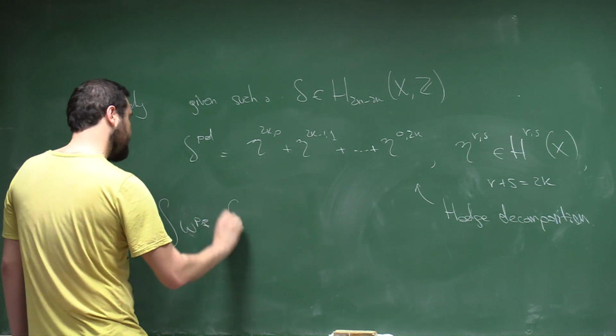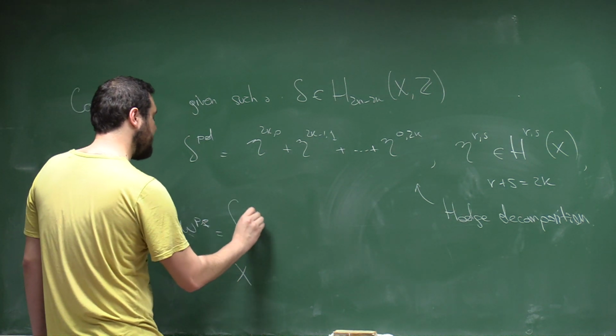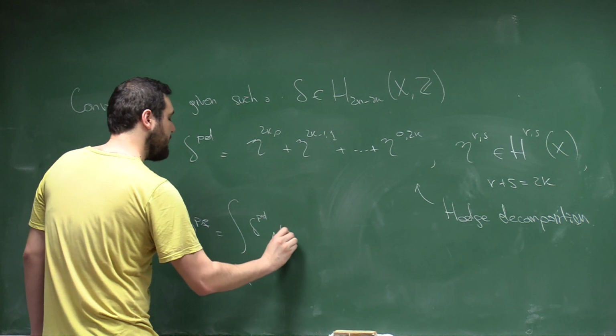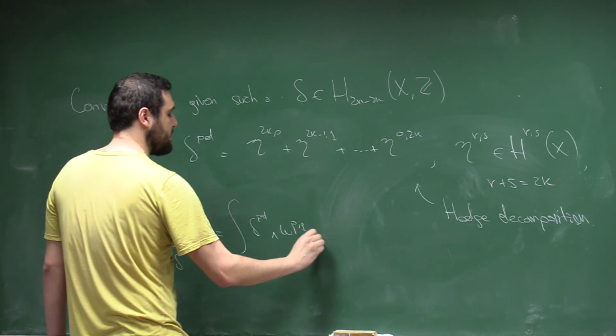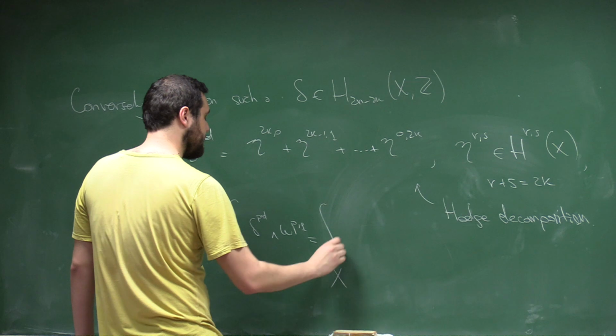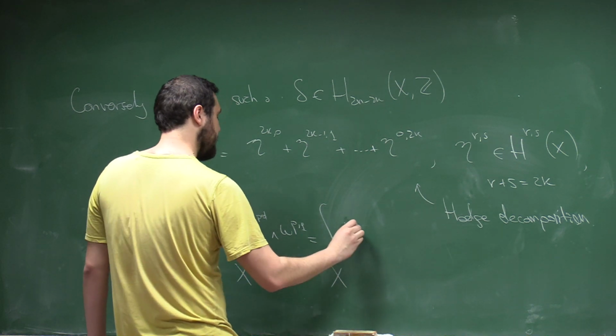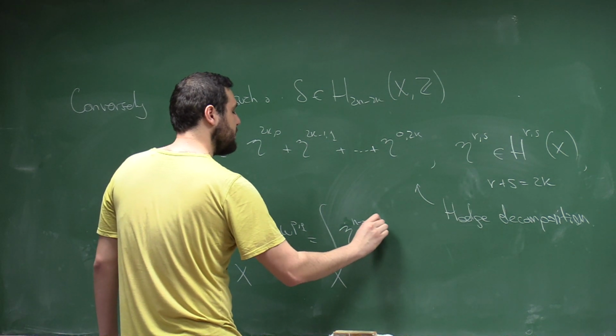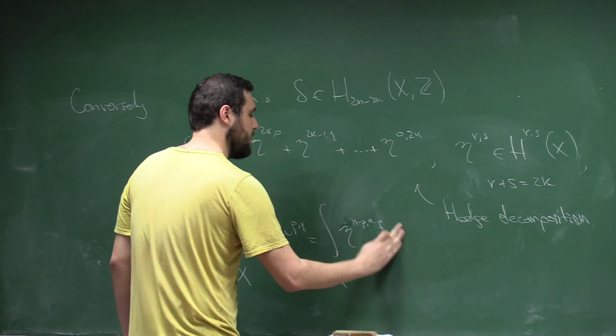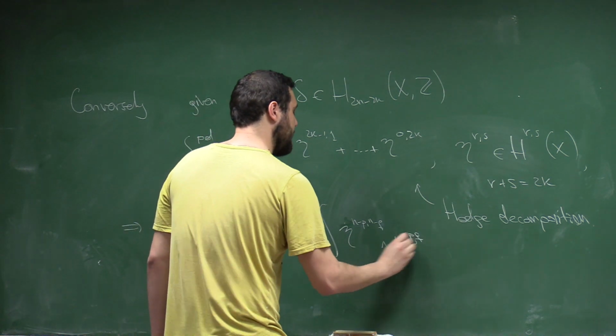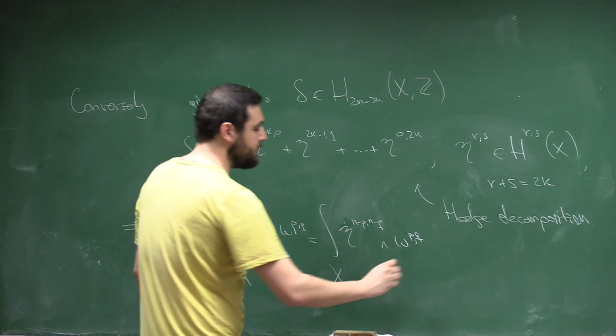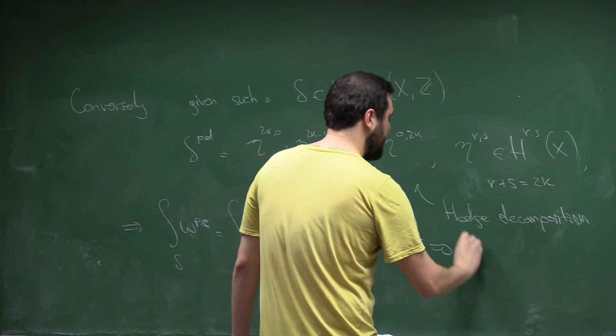And they will be equal to the integral over X of delta PD wedge omega^{p,q}. And this will be equal to the integral over X of eta^{n-p,n-q} wedge omega^{p,q}. Right, and this is 0 for every omega^{p,q}.